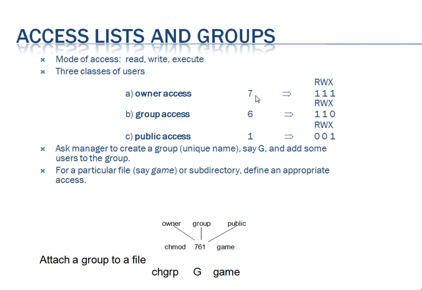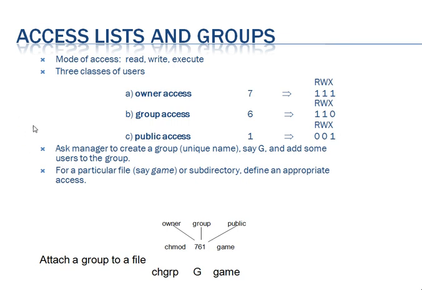The owner has the value 7, group access has the value 6, where it is allowed to read and write, but execute is not allowed for this class of user. Then public access has the value 1. The users in this class can only execute the file.